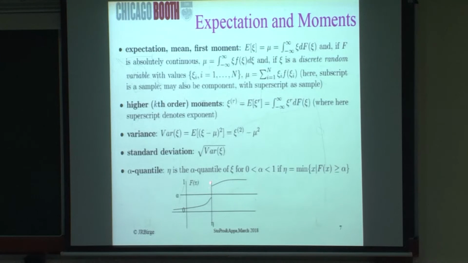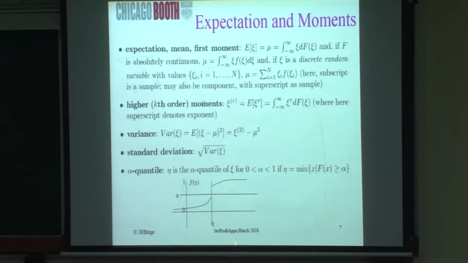So that gives me the quantile. If alpha was a half, and the probability was 0.6 up here at 1 and 0.2 down here at 1, the place where it was just above a half would still be at 1, and that would be the quantile.